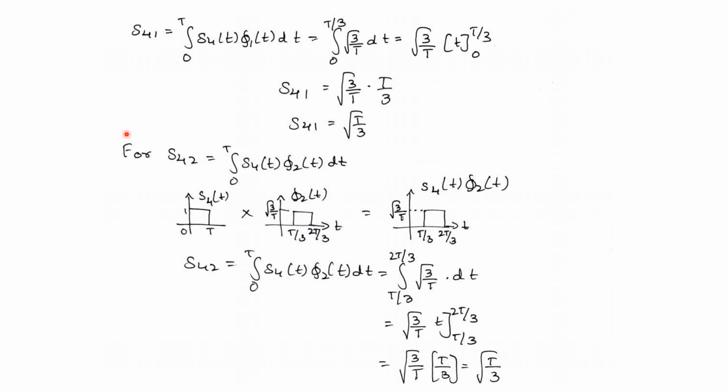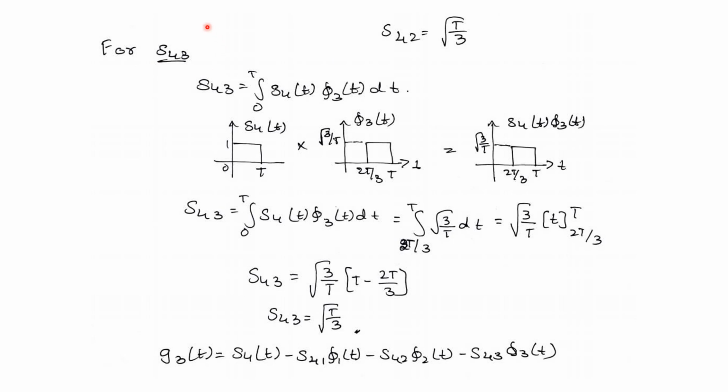In the same way I am finding S42, and I am getting S42 as root t by 3. Similarly for S43 I am solving, and I am getting root t by 3. Substituting S41, S42, S43 in the general equation where I substituted i equals 4, I am substituting in that equation.